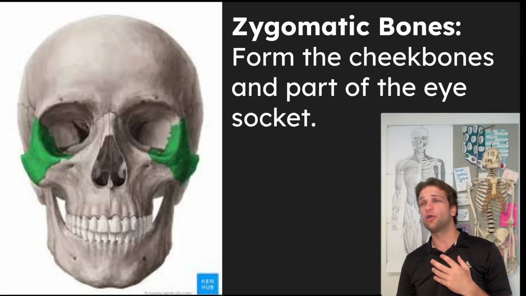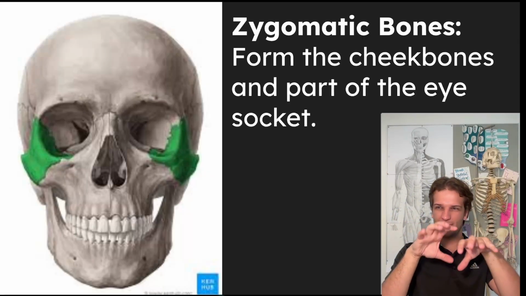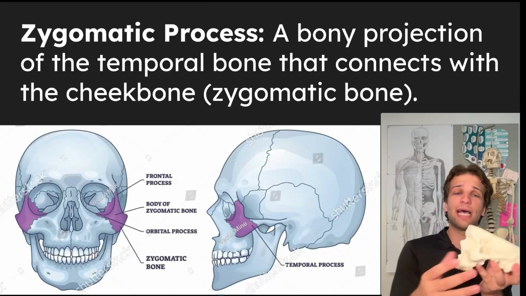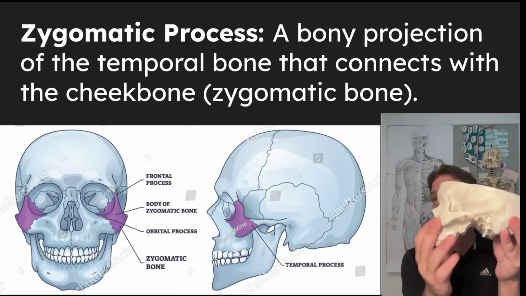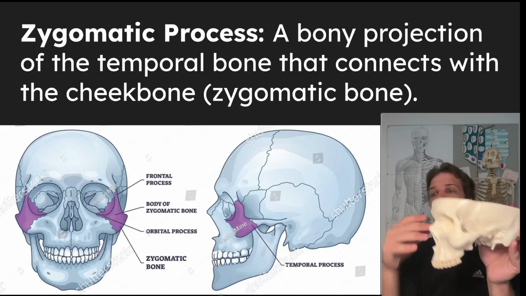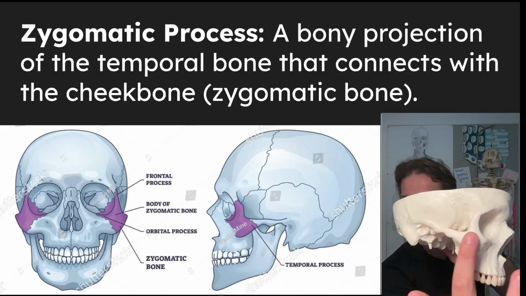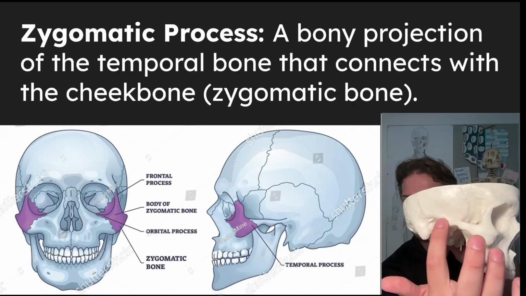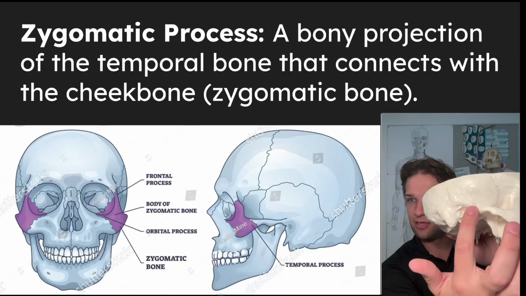Really important for our cheekbones and eye sockets, right? Helps to make those function. Now, off of our zygomatic bone, we have what is called the zygomatic process, right? So where there is a bone, if something sticks off the bone, it is going to be a process. And so if you look here, we've got our bone, and then it sticks up to here, and this is our zygomatic process, right?